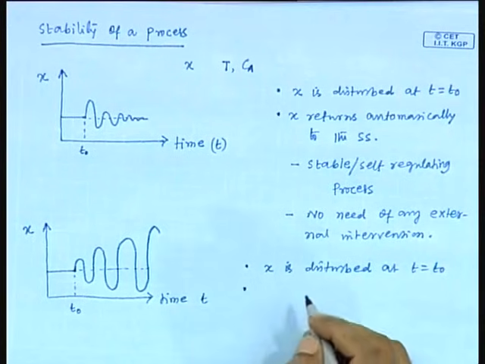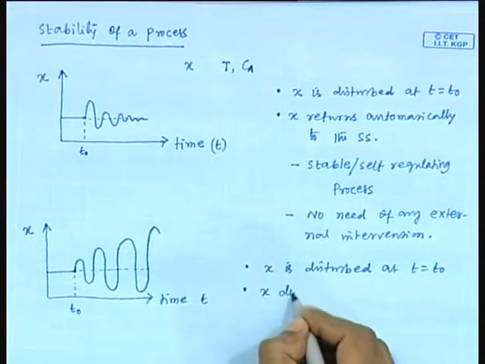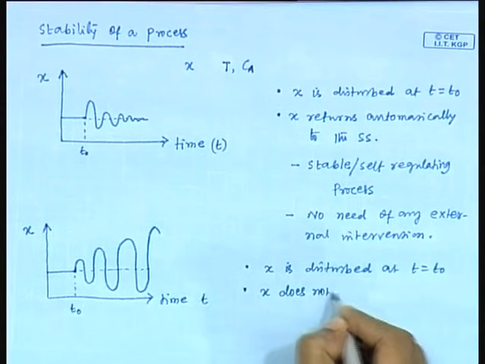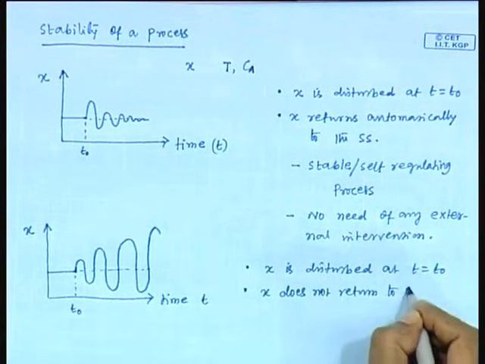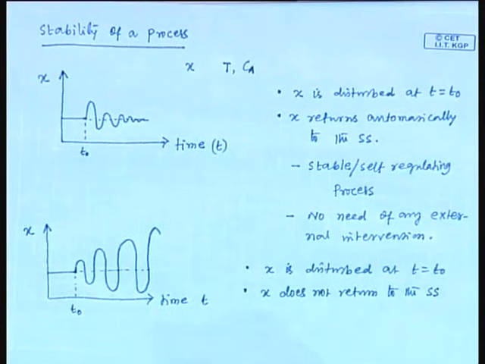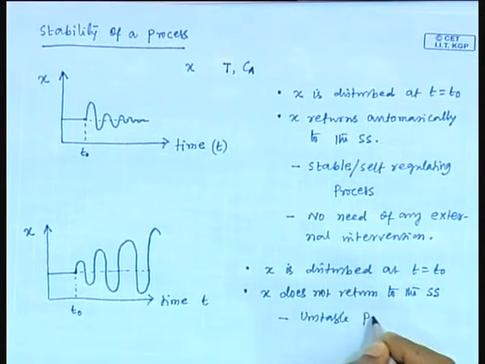So, this figure clearly indicates that x does not return to the steady state, and this type of process is called an unstable process.